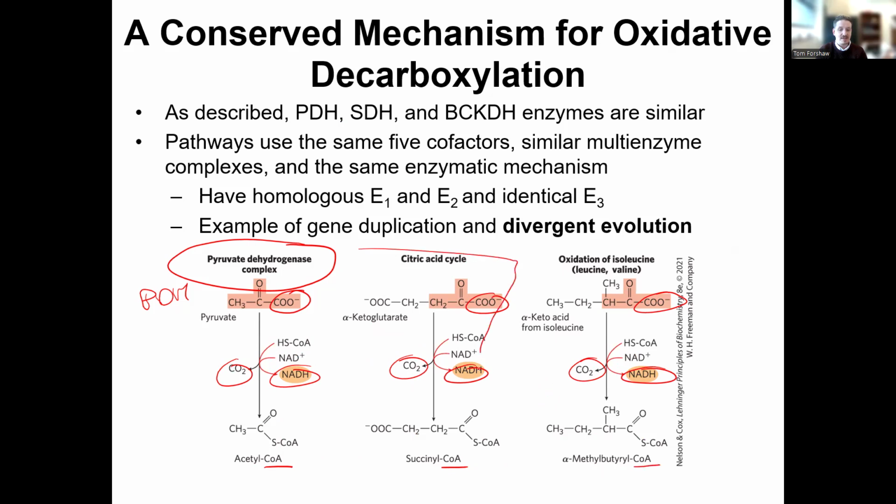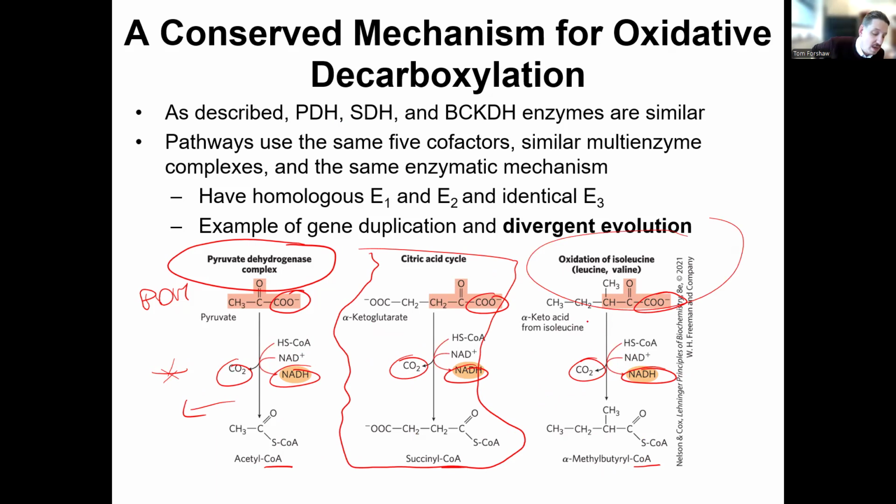Ours here is this middle one that we've just talked about. This is the one we talked about last time. And this is one that we'll talk about a little bit when we talk about amino acid catabolism, right at the end of the last thing that we talk about. But each time, it's very, very similar.